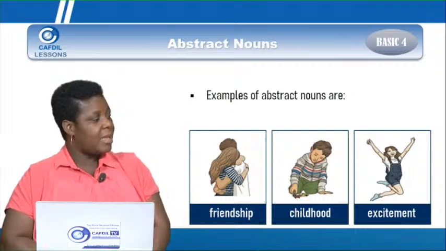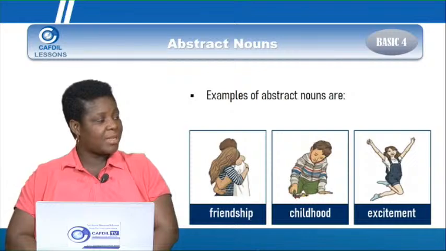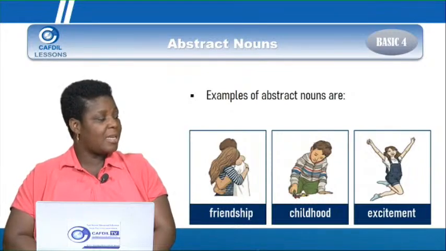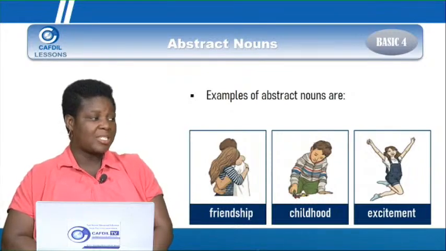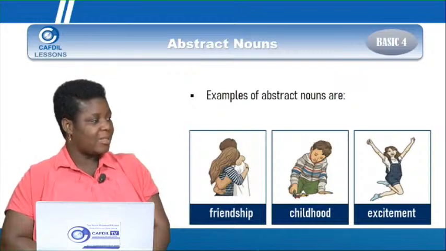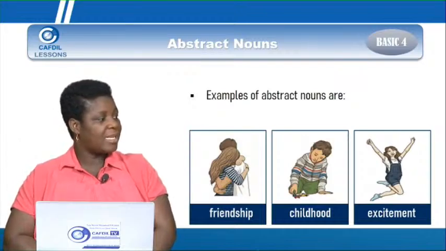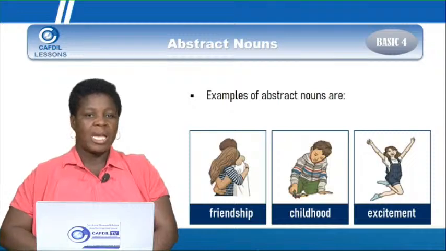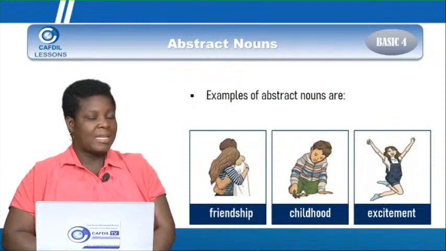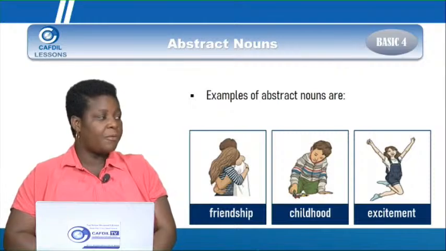Excitement. Excitement is something that cannot be felt, is something that cannot be touched or seen. It is abstract. You cannot hold excitement, touch or feel it.